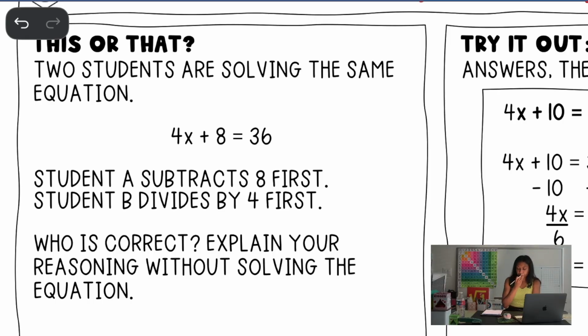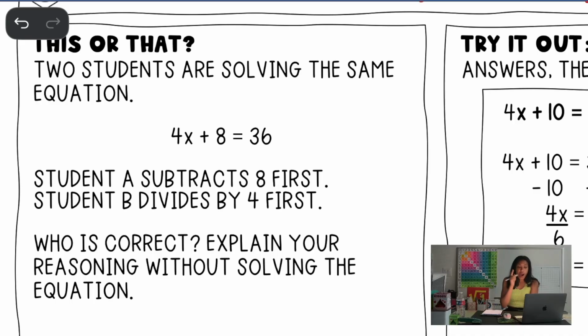Okay, a couple of things. I know that student A is on the right track because student A is looking at making a zero pair with that 8, and that would mean that we would need to subtract 8 first. Very cool.